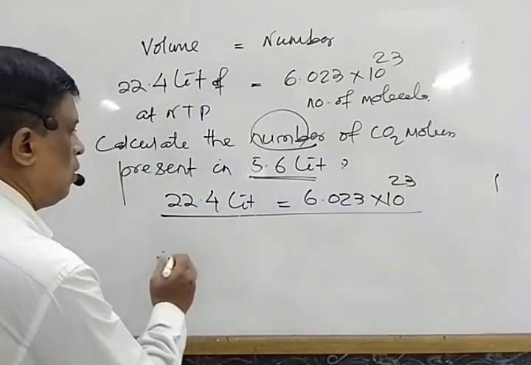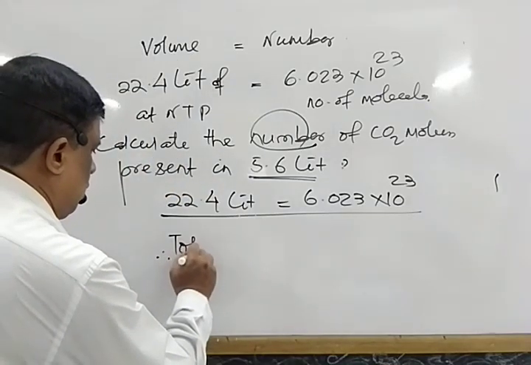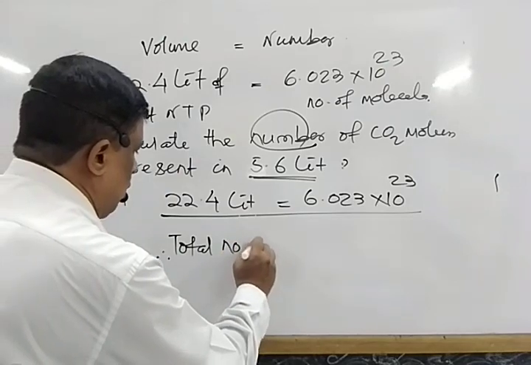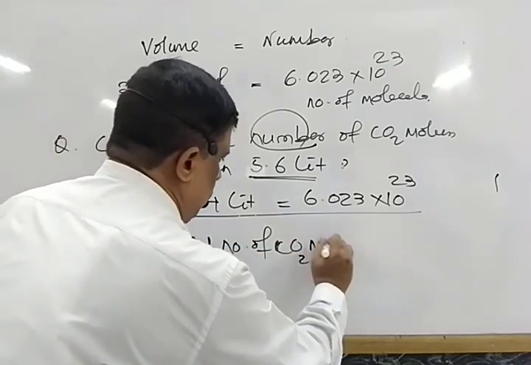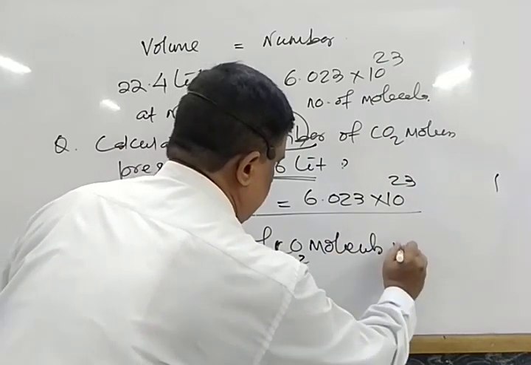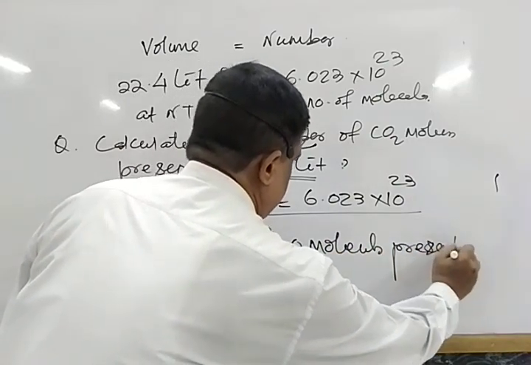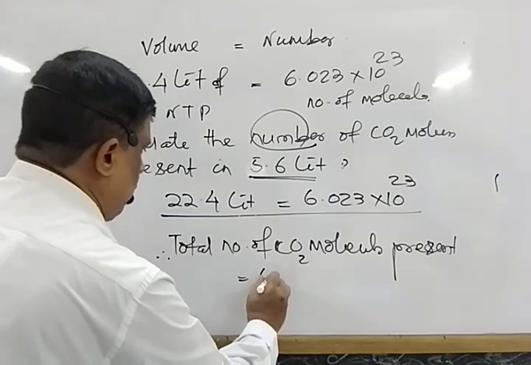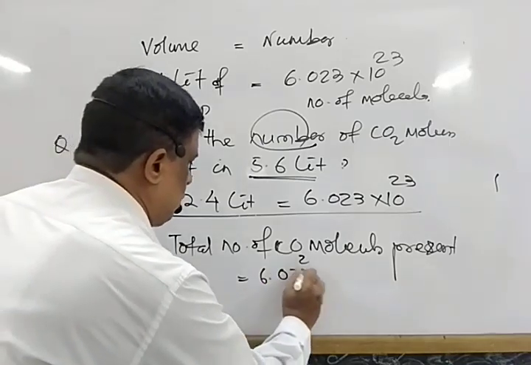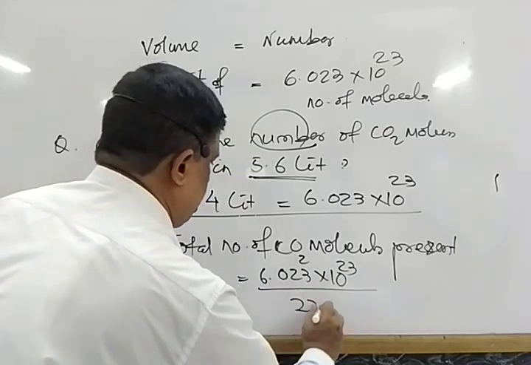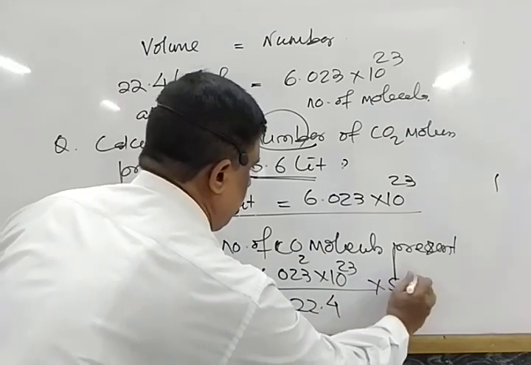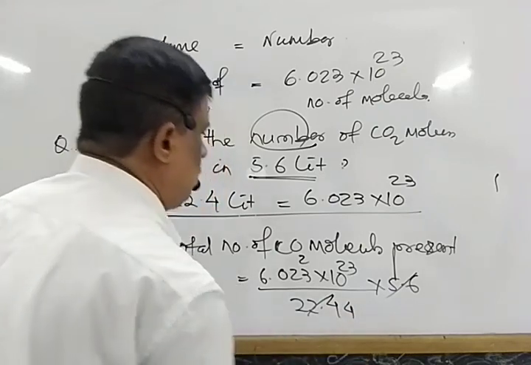Then therefore the total number of CO2 molecules present is equal to 6.023 into 10 to the power 23 divided by 22.4, into 5.6. Cancel, it is 4.